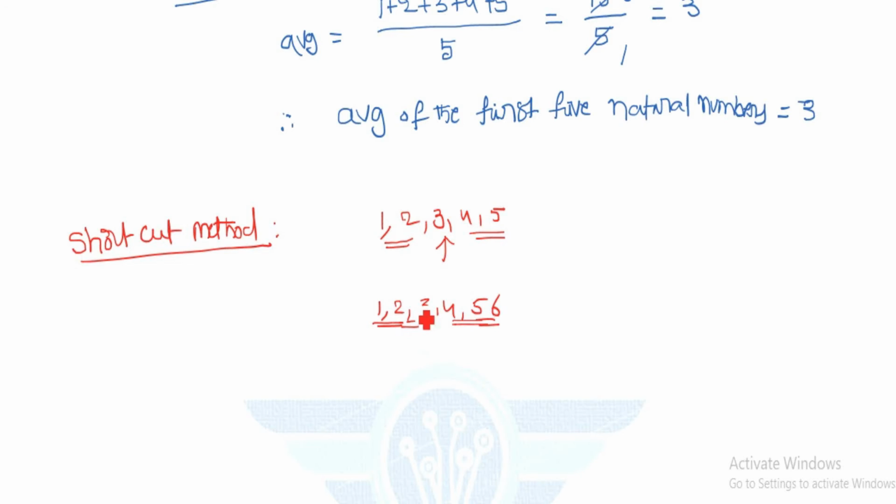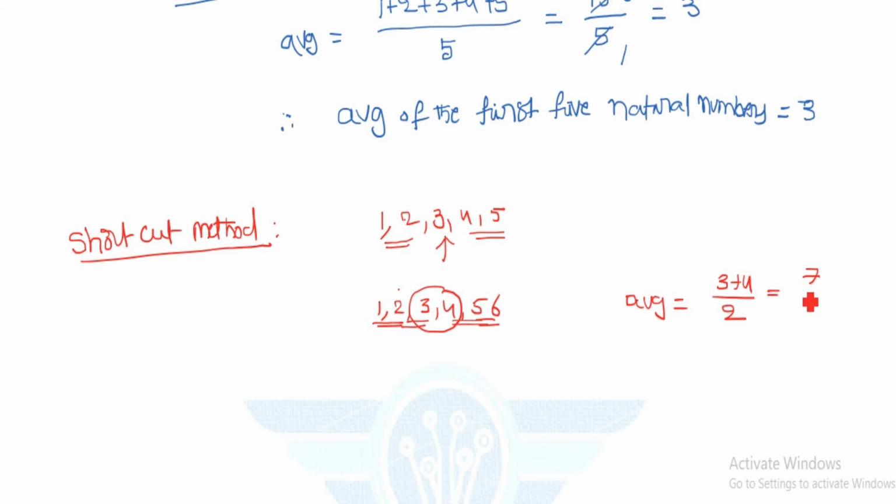So in this situation we take the average of the middle two numbers. So average is equal to sum of the given quantities, 3 plus 4, divided by the number of quantities here, 1 and 2. Therefore, we write it as 2.